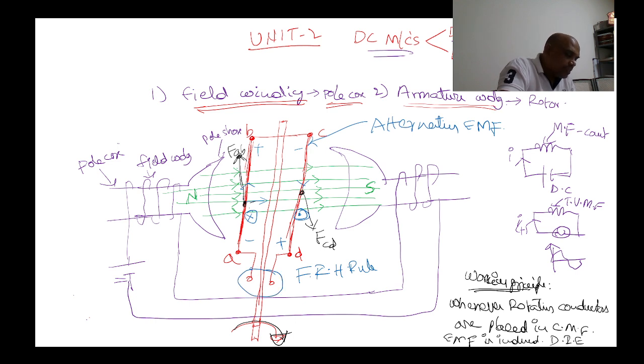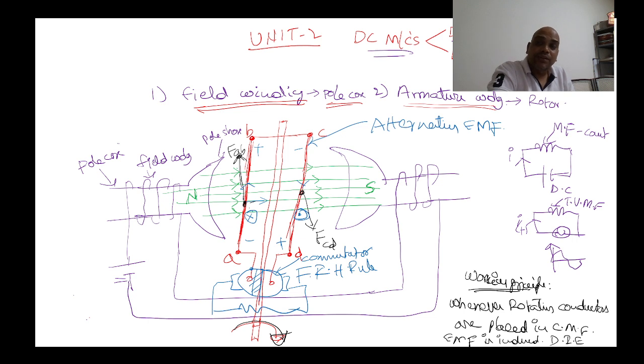By using, see here, I will use a commutator. This is called the commutator. So by using the commutator, we can convert from AC to DC.